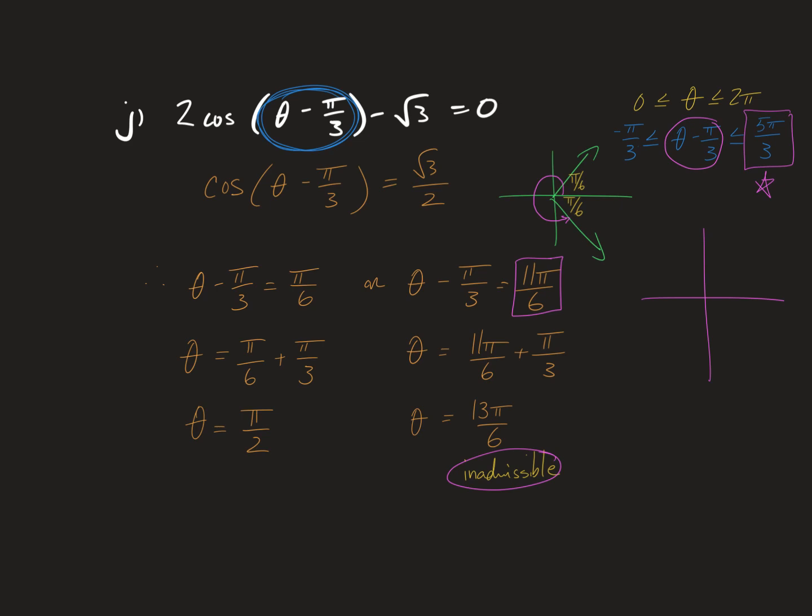And now, when I look at my cos being root 3 over 2, we should be quite comfortable to say, if my adjacent side is root 3, then my opposite side is 1, I'm going to have a small angle. So, small angle, small angle. You'll notice that I did not draw my terminal arms in the middle of the quadrant.